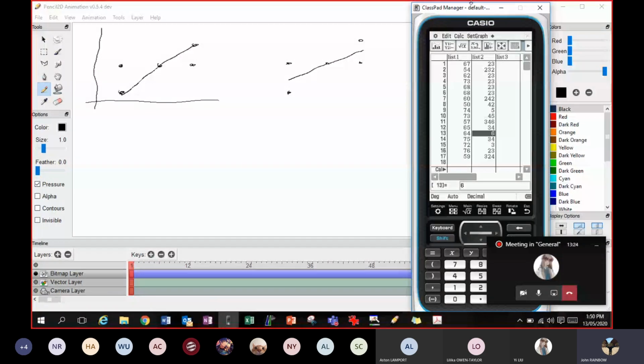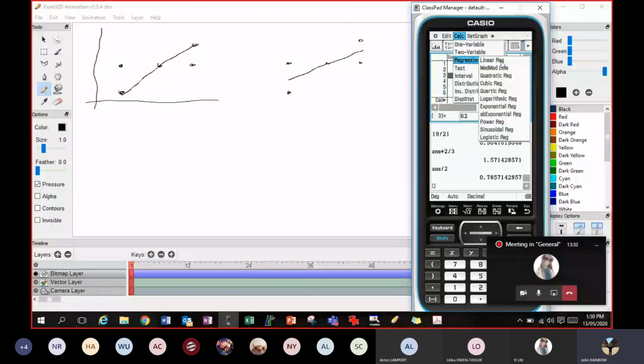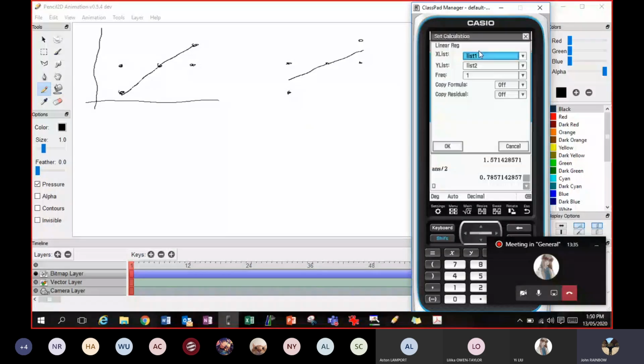We're going to understand how the calculator does this, so my X list, my Y list, and what this R value, Pearson's correlation, is. We're going to understand how this actually comes about as well, and the strength of that and how it's calculated.